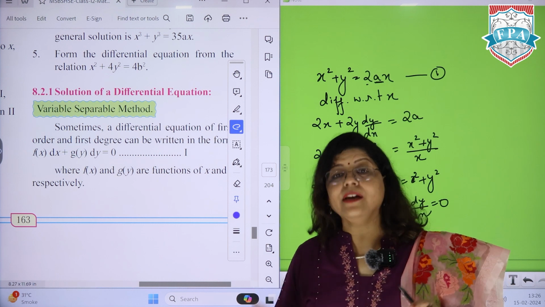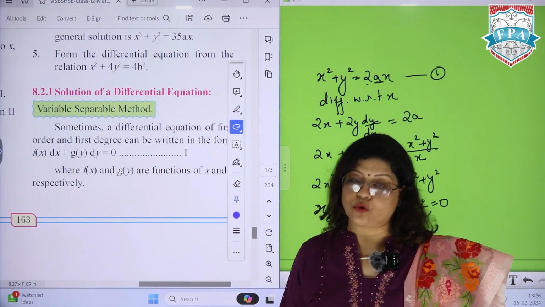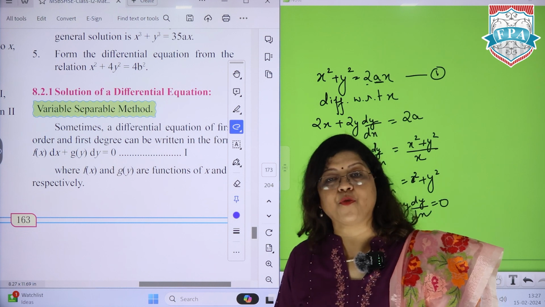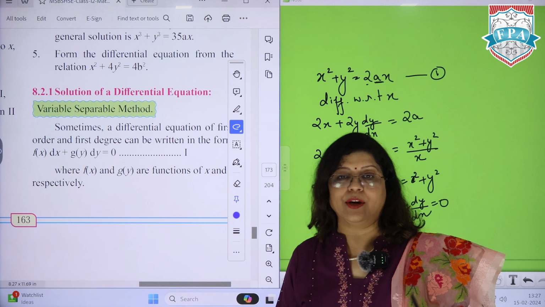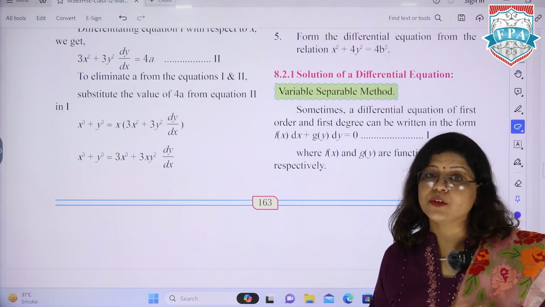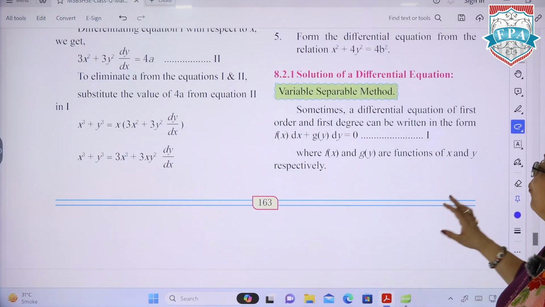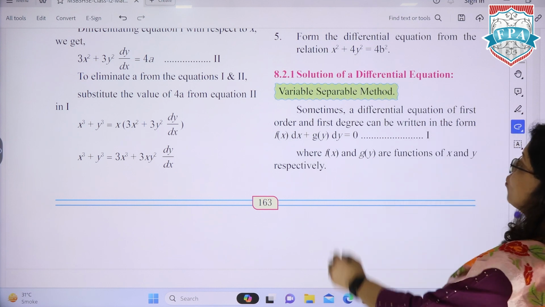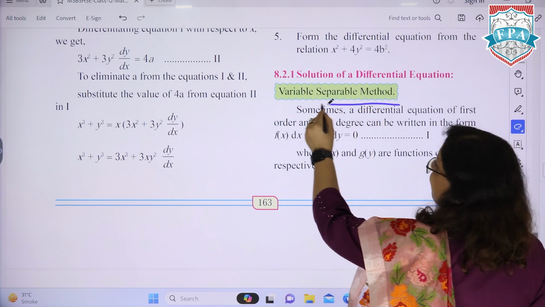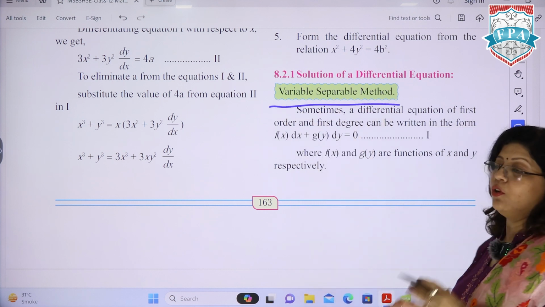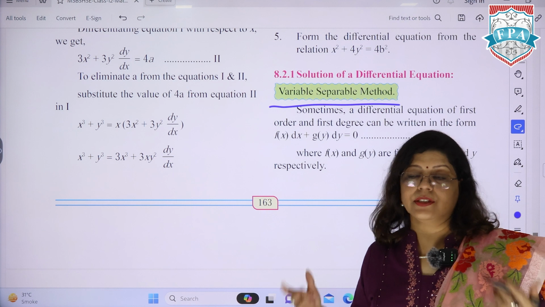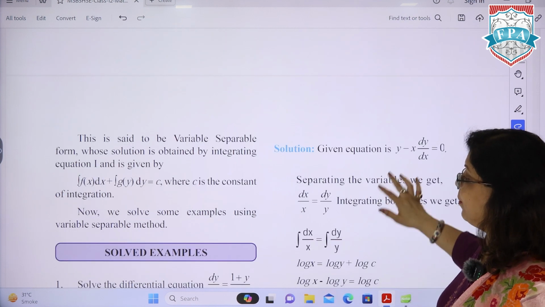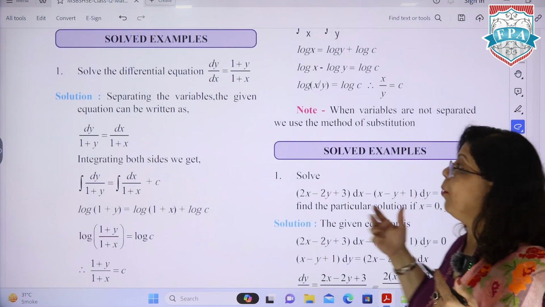We'll deal in detail with how differential equations can be solved, because it depends upon the form of the equation which way we are going to go ahead with the question. The first method to solve the differential equation is the variable separable method. In this one, we separate the variables to the two sides and integrate accordingly. It is one of the easiest methods.